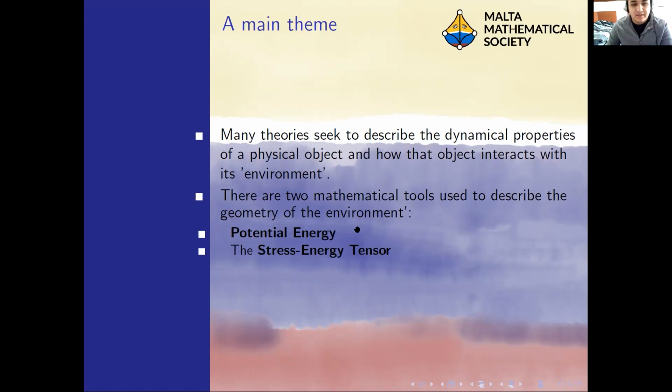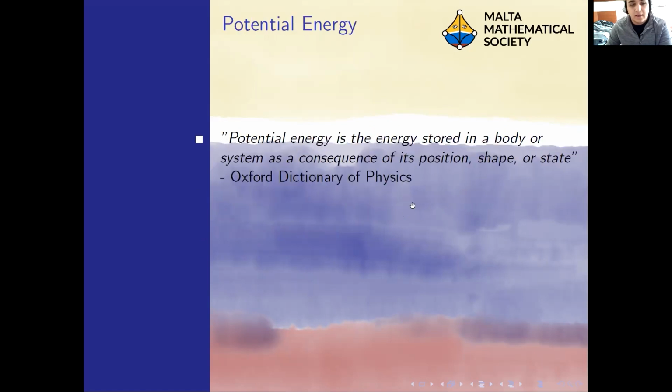I'll come back to the stress energy tensor a bit later, but for now, potential energy is the energy stored in a body or a system as a consequence of its position, shape, or state. So it is the ability to do work. For example, if I hold this pen here at a certain height, in the current gravitational field that I exist in, it wants to fall down.